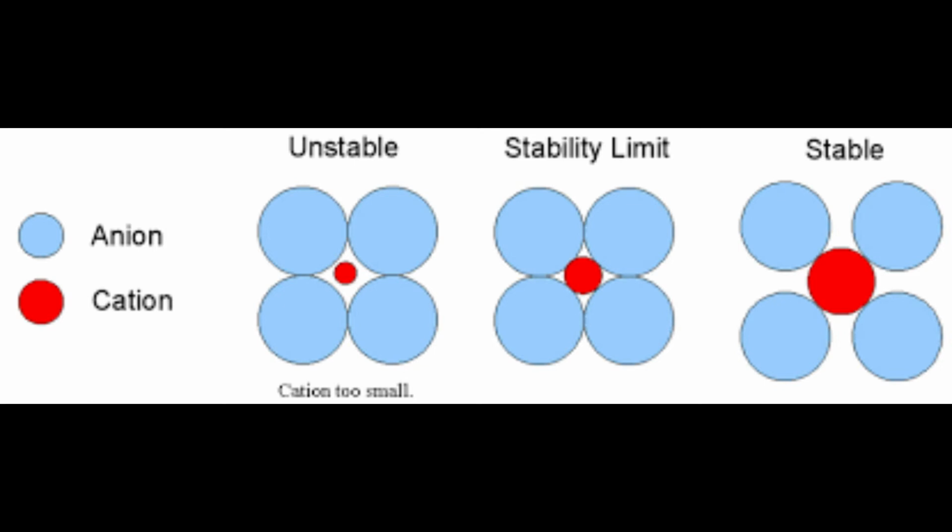Generally, considering the cation as smaller, we take the radius ratio as the radius of the cation to the radius of the anion, R plus upon R minus. Now you may ask, why should we study this radius ratio?